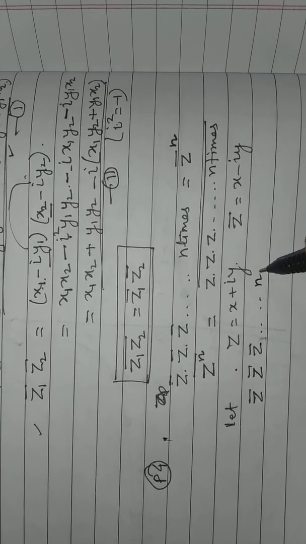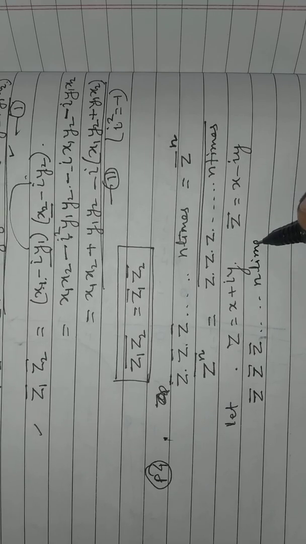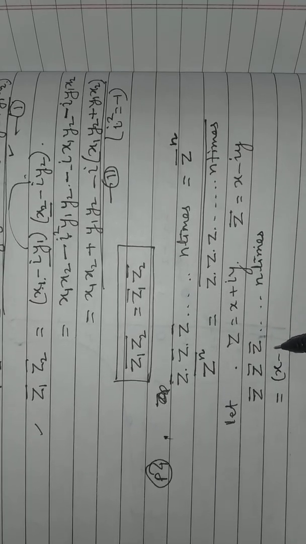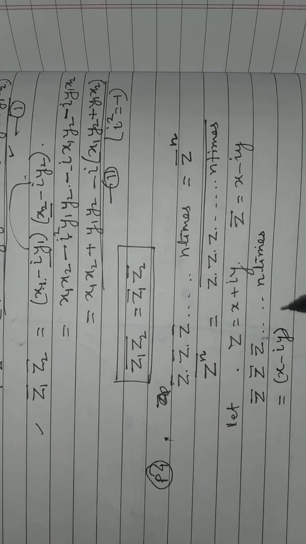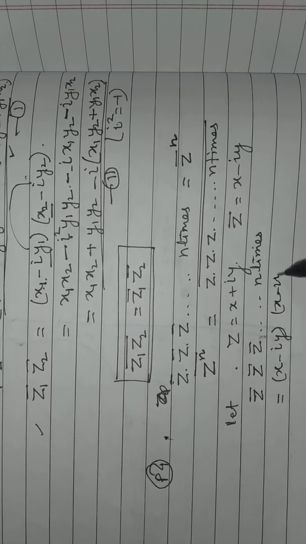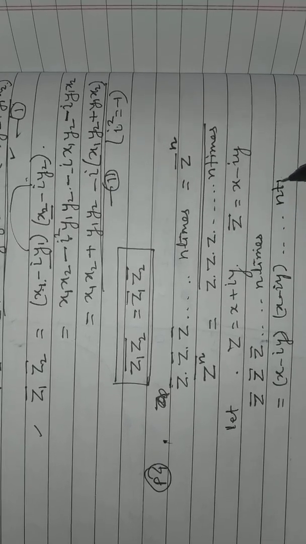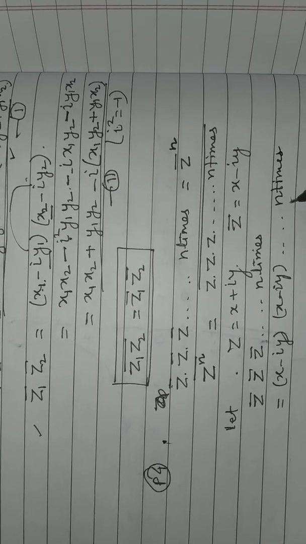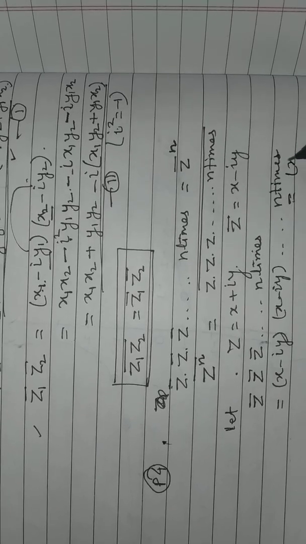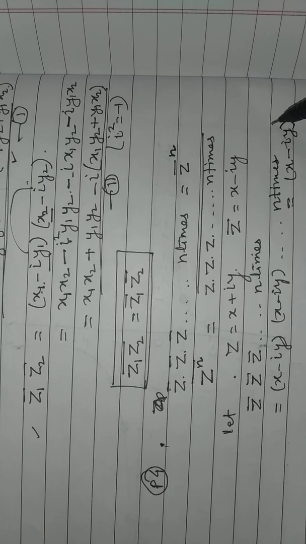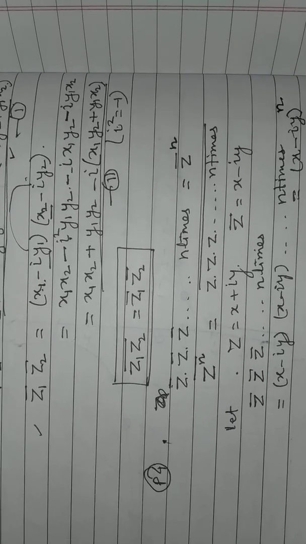So if z bar is multiplied n times, it means x minus iy is multiplied how many number of times? n times. So it is equal to x minus iy to the power n.